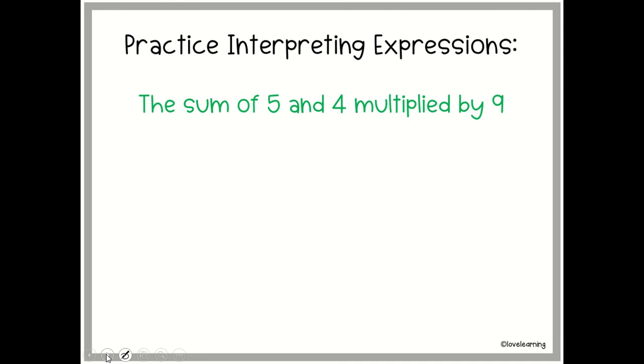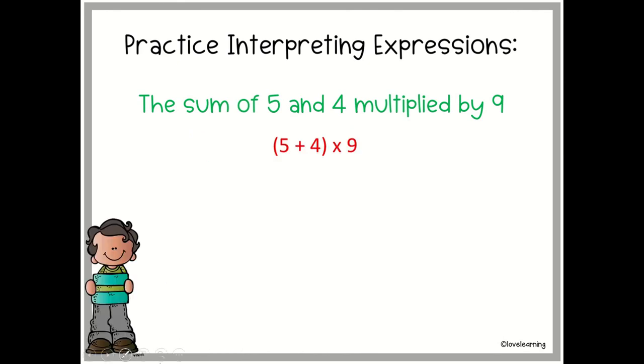So again, knowing the rules of PEMDAS, I know that addition cannot come before multiplication unless it's in parentheses. So the way I would want to write this problem is 5 times 4, because it says the sum of 5 and 4, multiplied by 9. But to make the numerical expression match the written expression, I must put parentheses around 5 plus 4. So that's what your answer should look like.